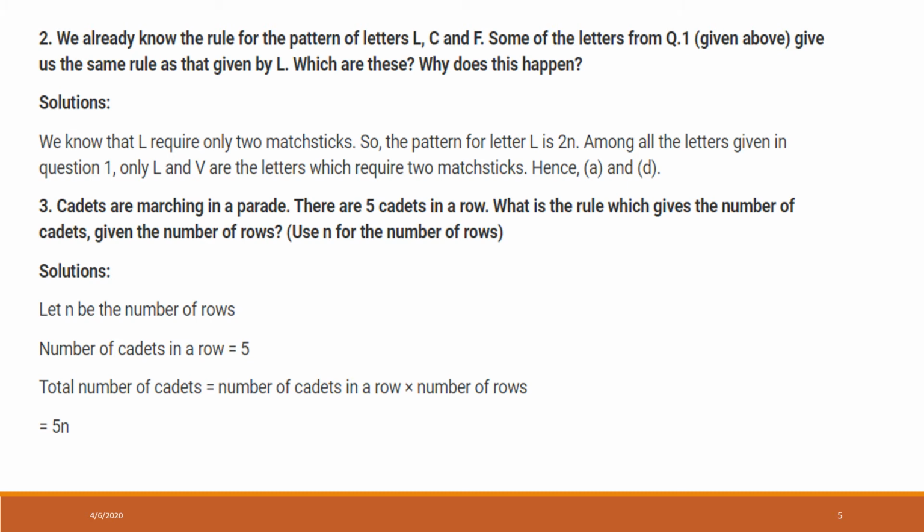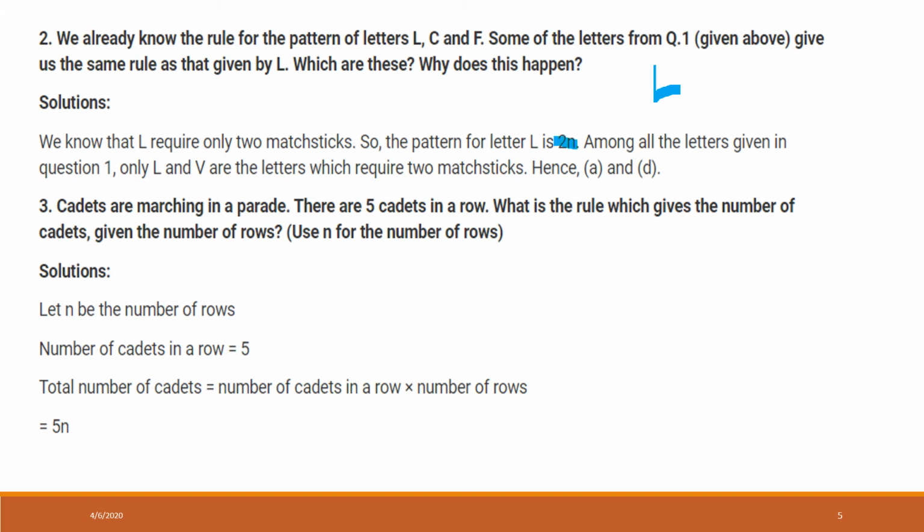See, in L, what will be the rule? How many matchsticks do we need? We need only two matchsticks to make a letter L. So that rule will be 2n.